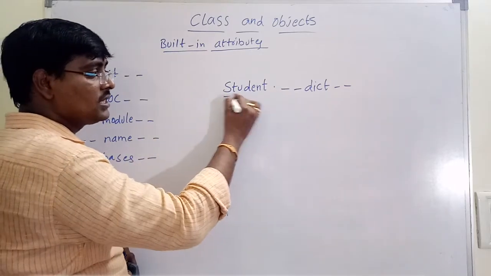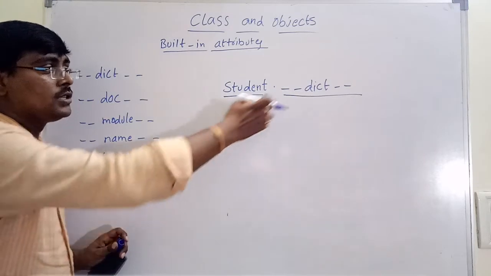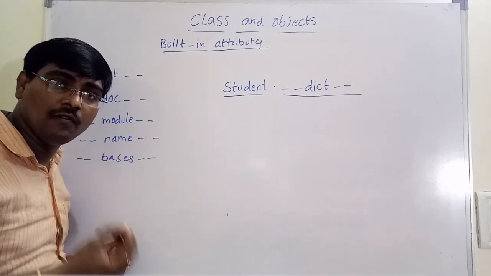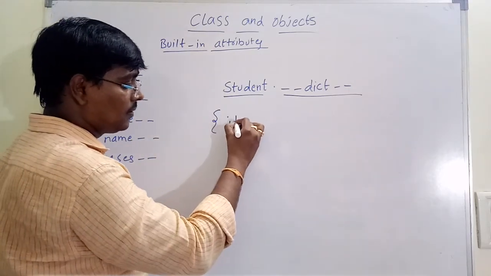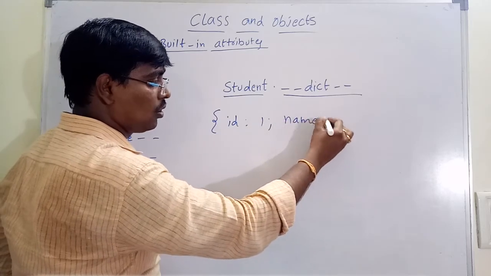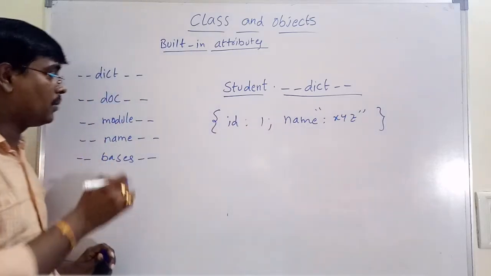So the access is class name dot a particular built-in attribute. The dict attribute returns the dictionary of values present in the class, in the form id colon 1, comma, name colon xyz.